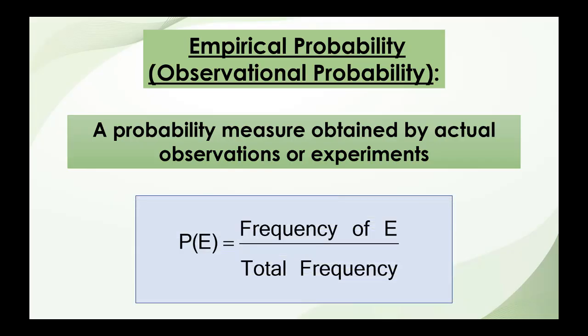What we're really doing is we're performing an experiment over and over and over again and seeing what actually does happen, right? So how many times did we perform the experiment? That's the total frequency that we see in this formula. And then how many times did it come out fitting the description of the event E? That'll be the numerator, the top of this fraction.